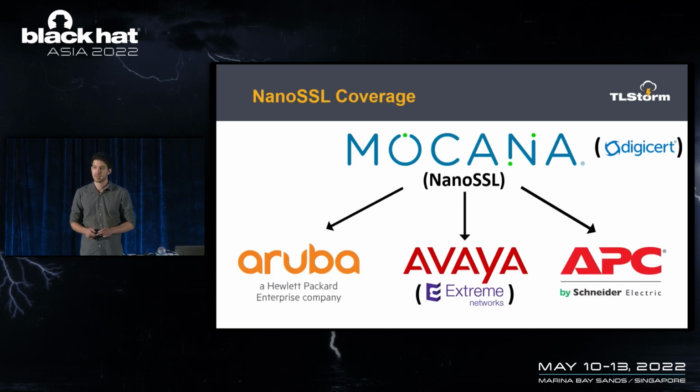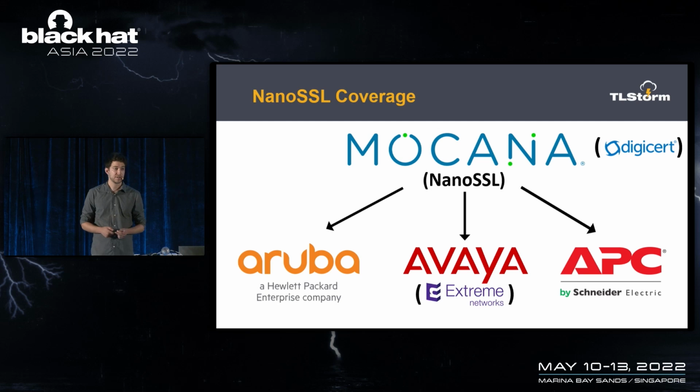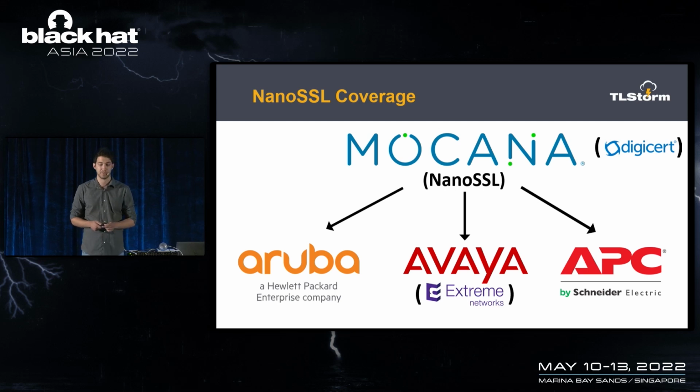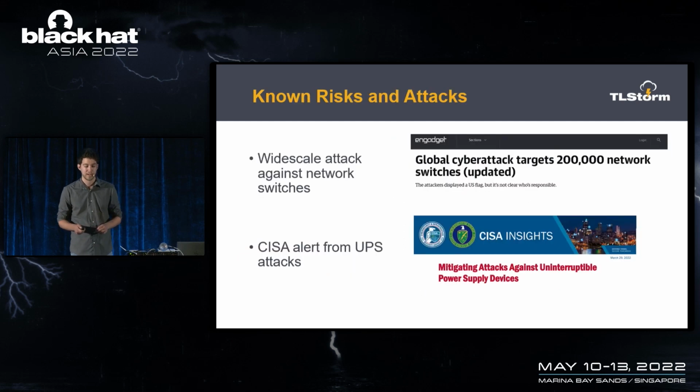So our research today is going to focus on a specific closed source library called NanoSSL. This library is developed by Mocana, which was recently acquired by DigiCert. And as you can see, our research led us to many different companies that use the code of NanoSSL, like Aruba and Avaya, which both create IT devices, and APC, which is a manufacturer of UPS devices.